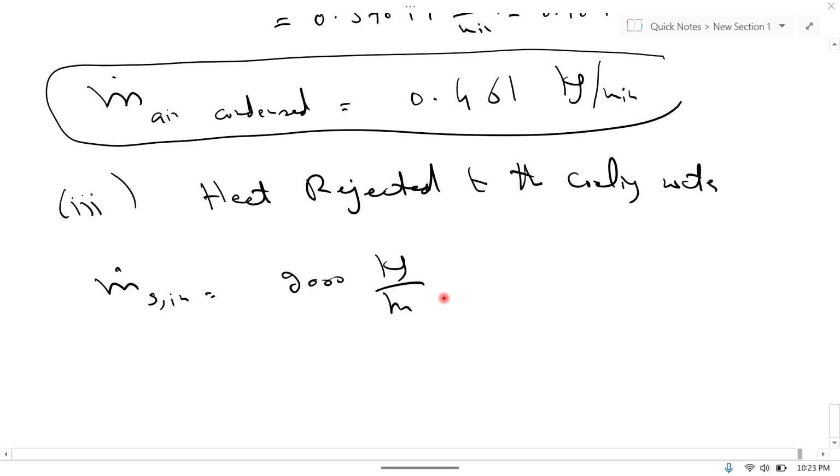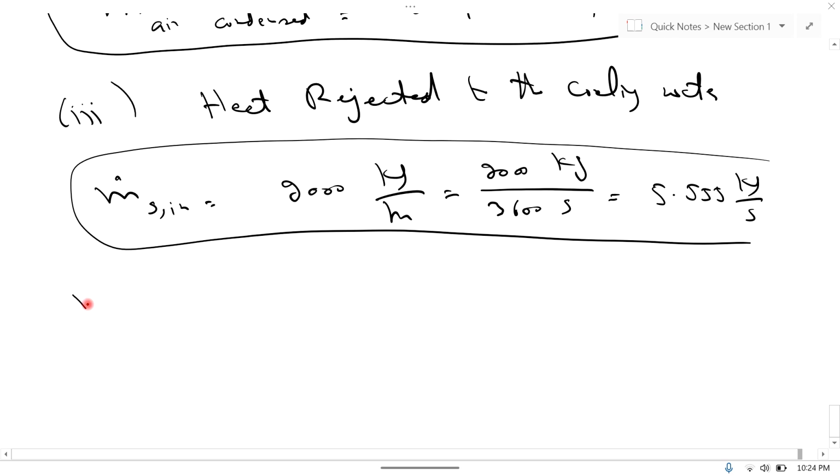So convert this to kilogram per second. So 20,000 kilogram, and 1 hour is equal to 3600 seconds. So write 3600 seconds instead of 1 hour, which is equal to 5.555 kilogram per second.